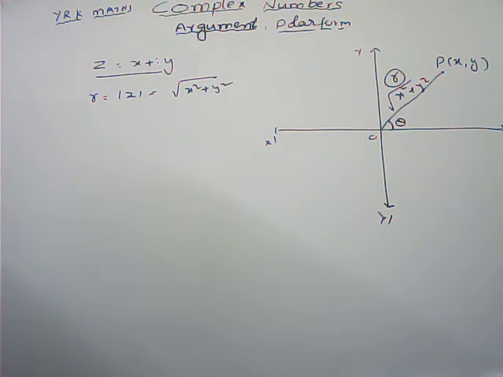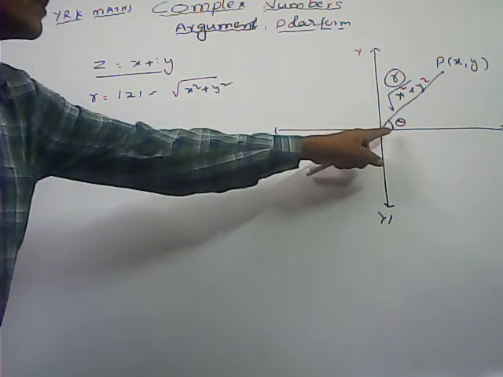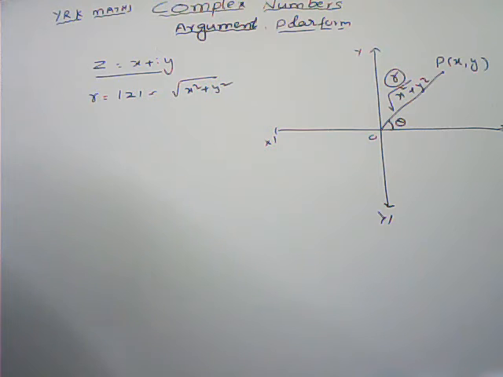Any complex number we can plot as a point in the coordinate plane by taking the real part as the x coordinate and the imaginary part as the y coordinate, and join OP. Here OP makes some angle with the positive direction of the x axis. That theta we say is the argument of the complex number.